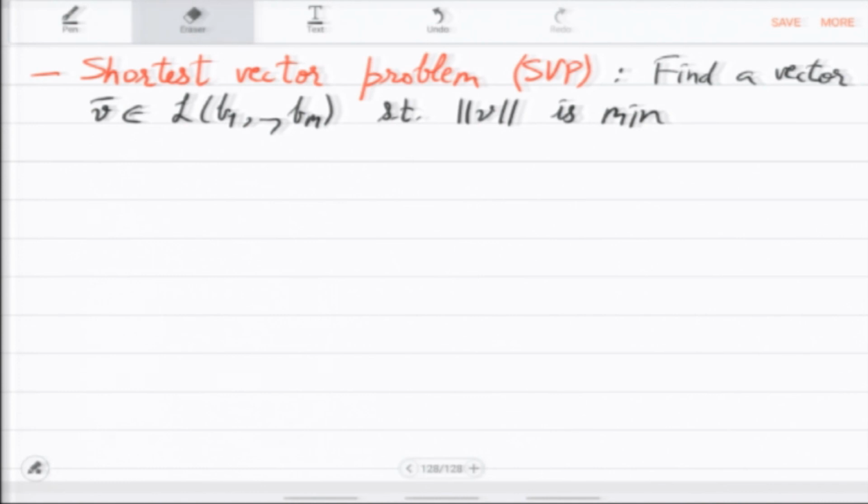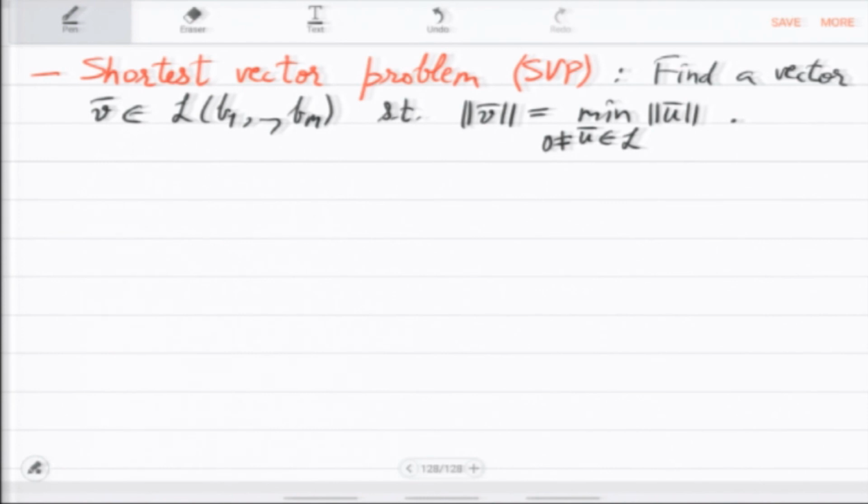So let me write this properly: such that the norm of v is equal to the minimum over all the norms. So over all the vectors available in the lattice, the smallest norm, obviously excluding 0. 0 is always there. So the smallest positive norm. That is the SVP question.